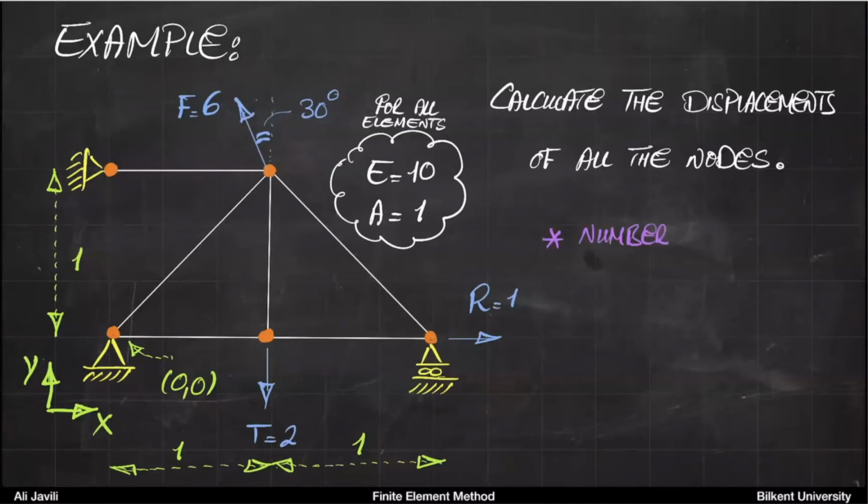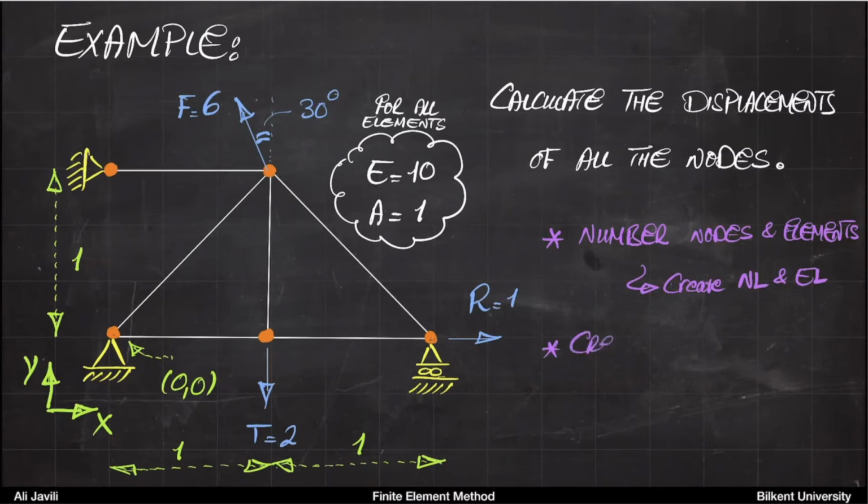So you first number nodes and elements, which basically means you create a node list and element list. This is the first thing you do. And then based on the boundary conditions or the constraints that you have, you create what we call the extended node list.